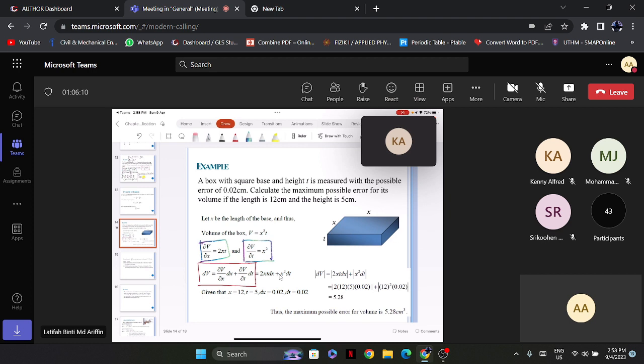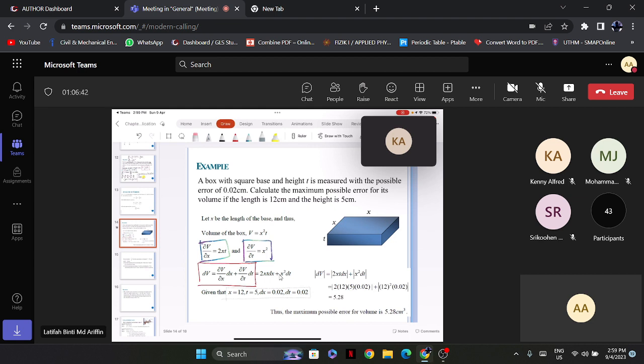Dikatakan kat sini possible error dia 0.02. Maksudnya dx dia adalah 0.02 dan dt dia juga adalah 0.02. Tengok maklumat dia dekat bawah ni: x equals 12, t equals 5, dx equals 0.02, dt also equals 0.02.